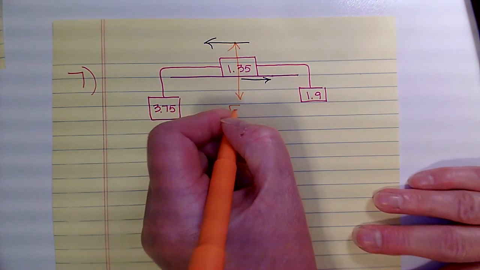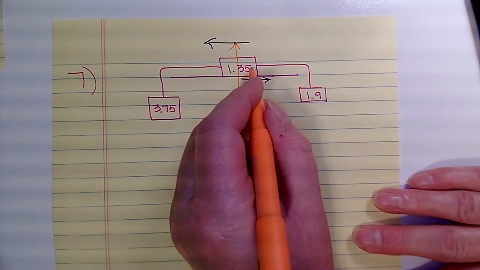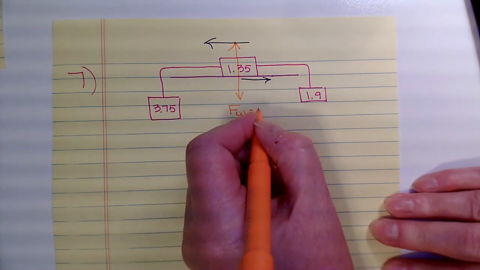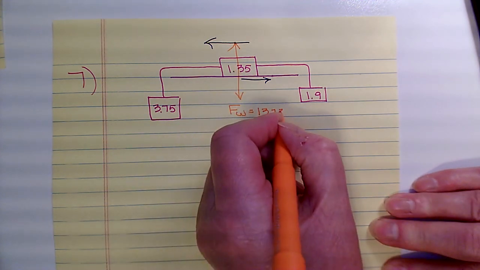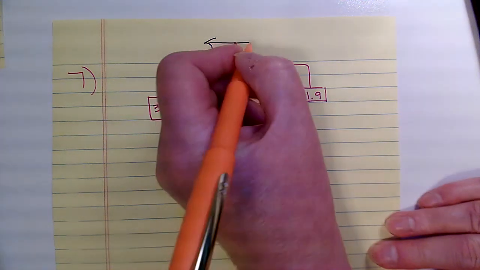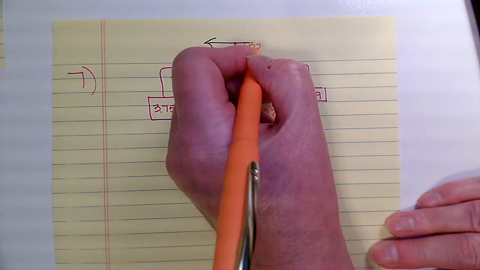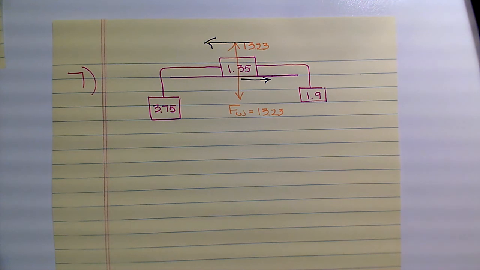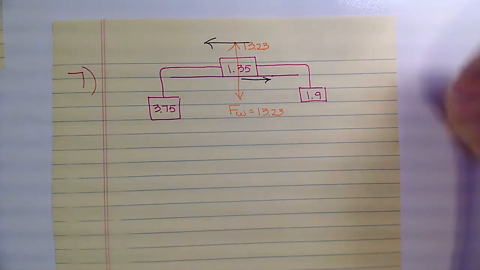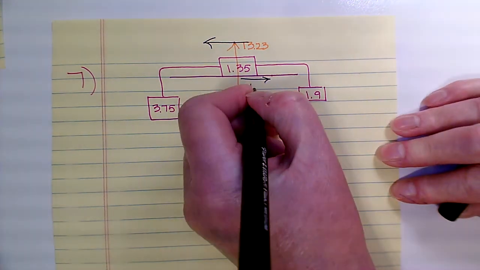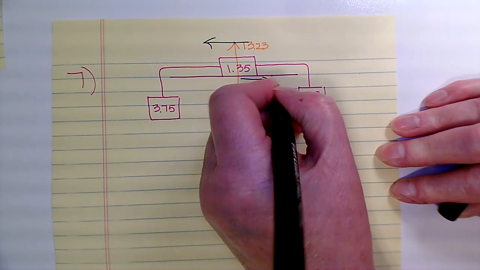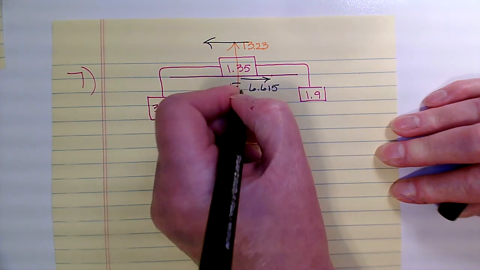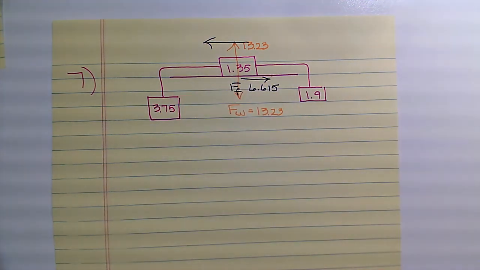So Fw would be 1.35 times 9.8, and that is 13.23. So this Fn is 13.23, and Fn times mu, 0.5, tells us the friction in this problem is going to be 6.615 newtons going to the right.